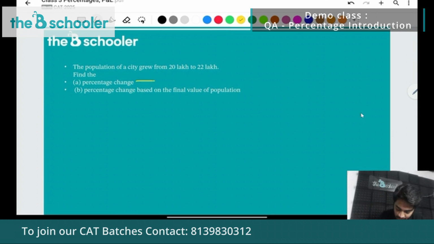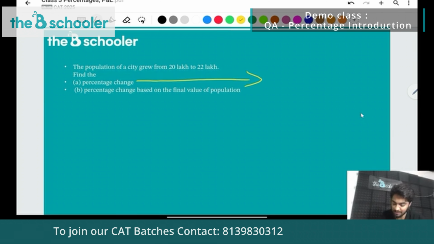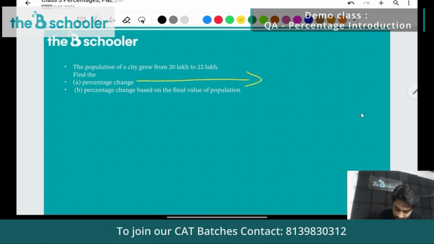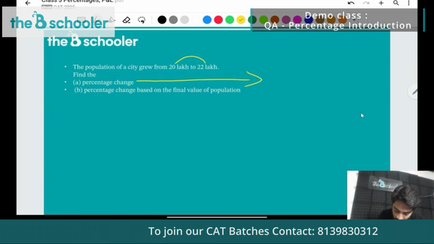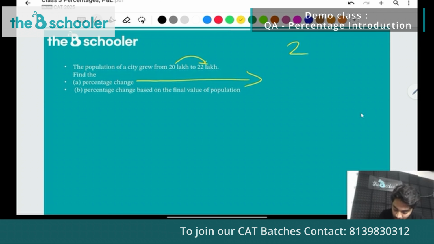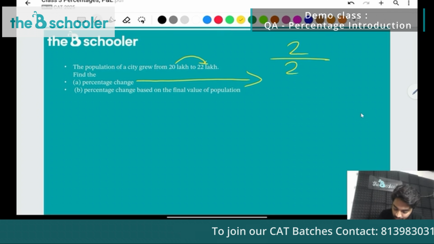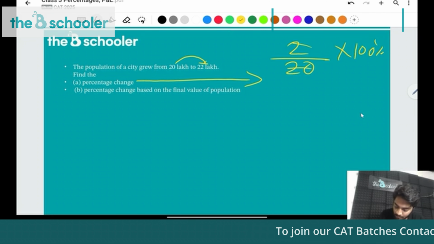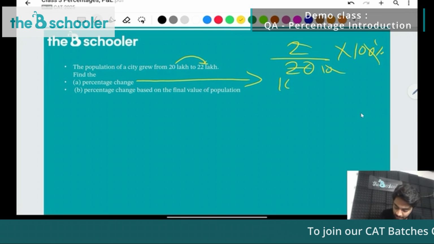What is told? Percentage change. When they simply mention percentage change, they always refer to the change with respect to the initial value. So in this case, from 20 lakhs it went to 22 lakhs. So the change is 2 lakh divided by 20 lakh, the initial value, into 100 percentage, which is 10 percentage.